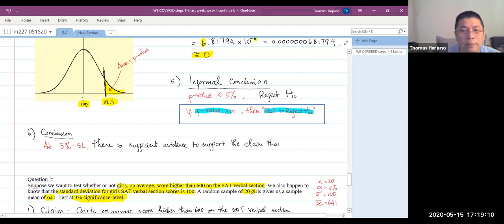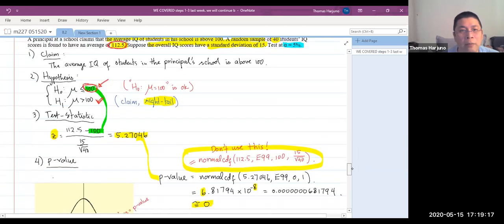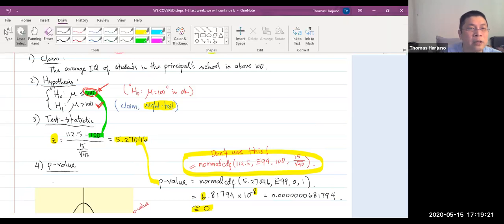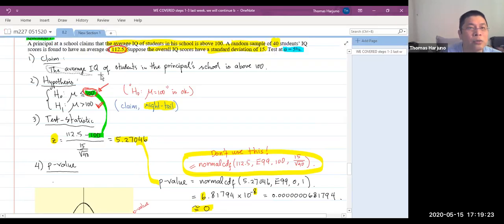Now you cannot start by just saying to support the claim, period. No, you have to go on. What is that claim? That claim is the average IQ of students in principal school is above 100.